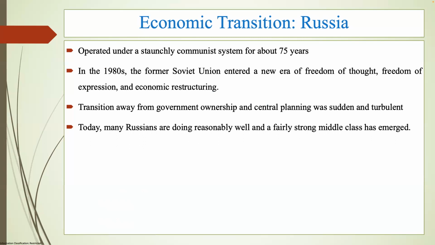Transition away from government ownership and central planning was challenging, except for politicians, bureaucrats, and wealthy business people called oligarchs in Russia. Ordinary people had difficulty maintaining their standard of living and affording many basic items.